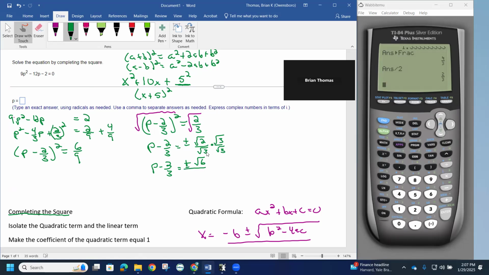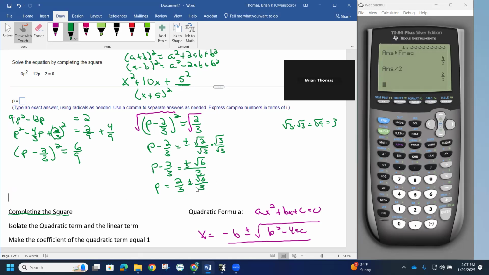On the bottom, radical 3 times radical 3 is the same thing as 3, because radical 3 times radical 3 is the square root of 9, which is back to 3. So that gets rid of the radical off the bottom. So then all we've got to do is add this 2/3 to both sides. So we end up with p equals 2/3 plus or minus the square root of 6 over 3.